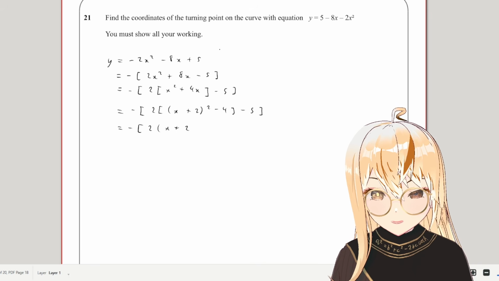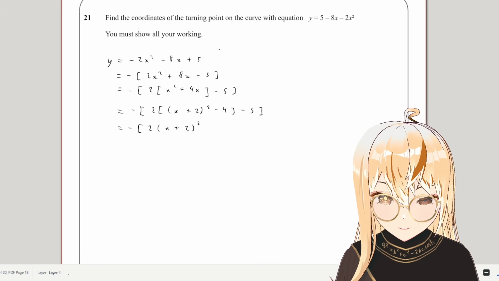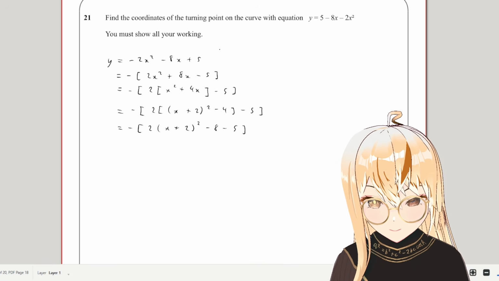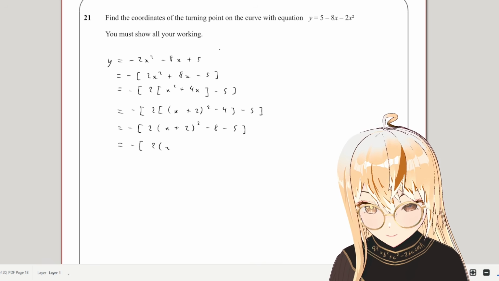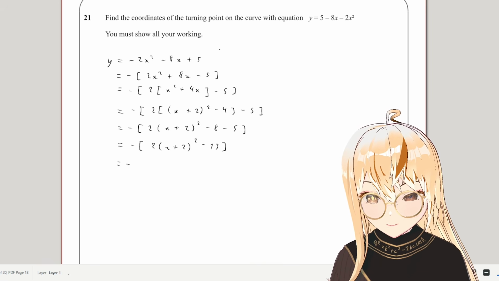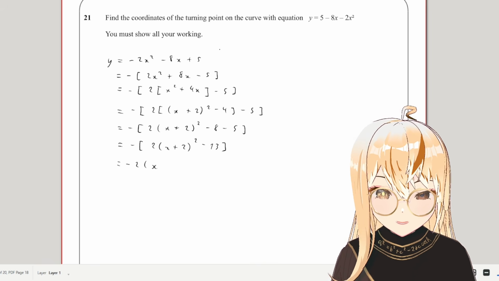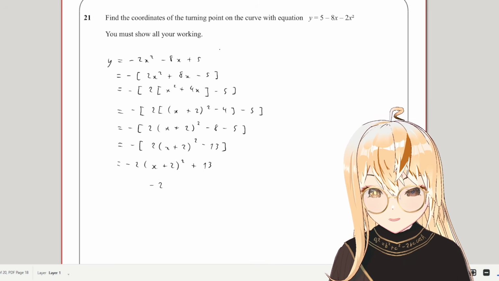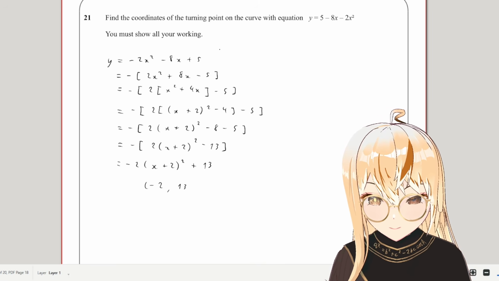These kind of questions often take quite a while to crunch down the numbers. But now it's finally time to put the negative sign back in. So our turning point must be -2, 13.